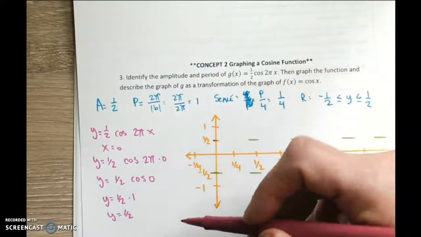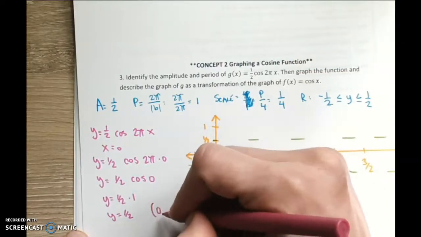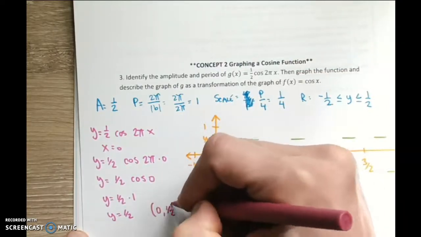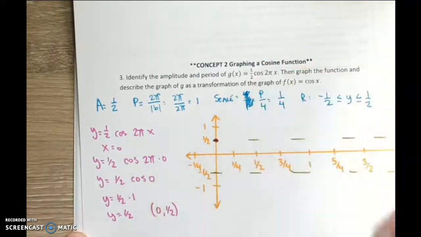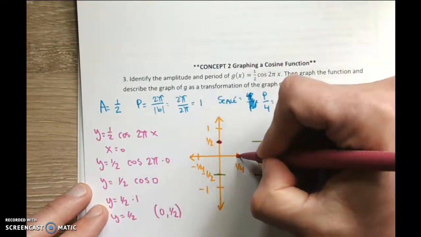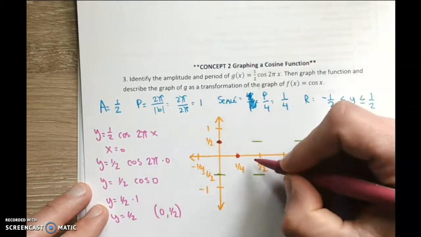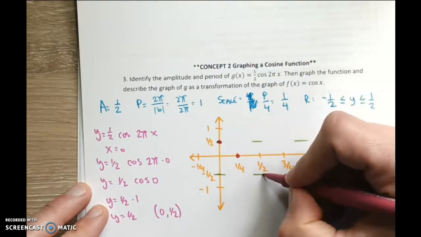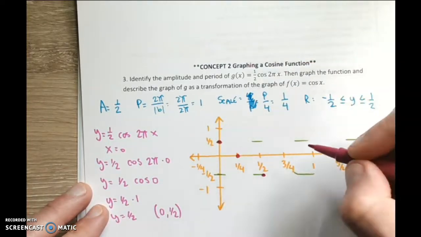Okay, so where is that? Well, at (0, 1/2), that's this point right here. So I'm already at my max value, so I can't go up anymore. I go to my next value, which is 1/4, and put my point there. And then my next value at 1/2, which is my minimum value.